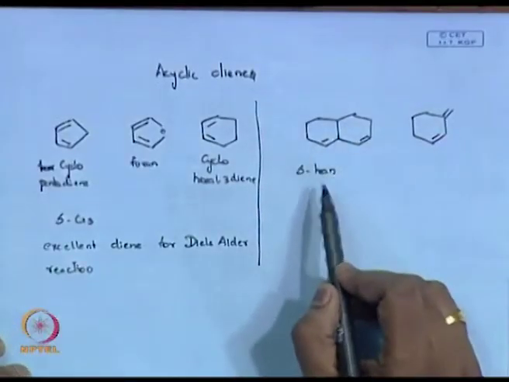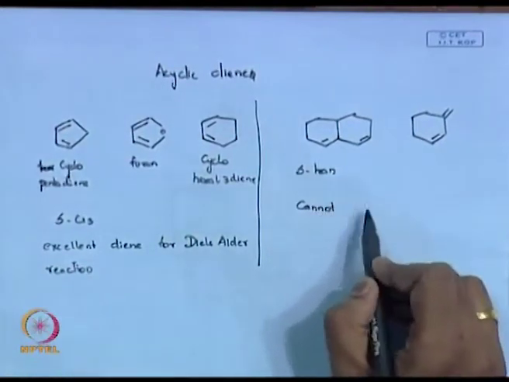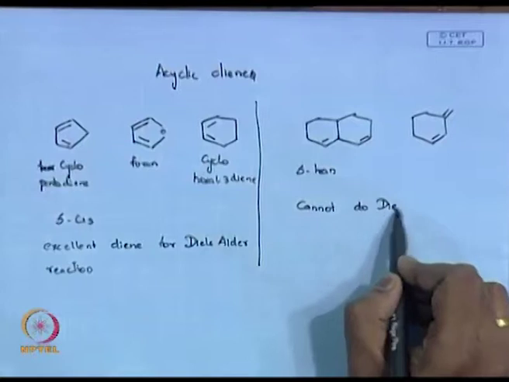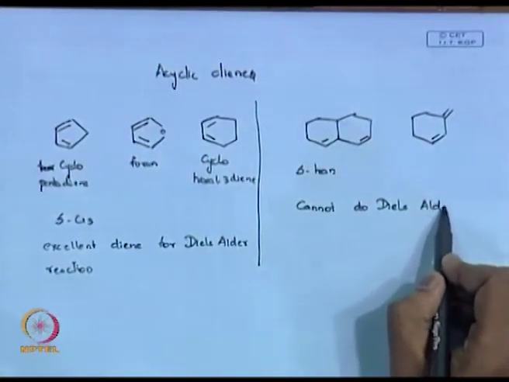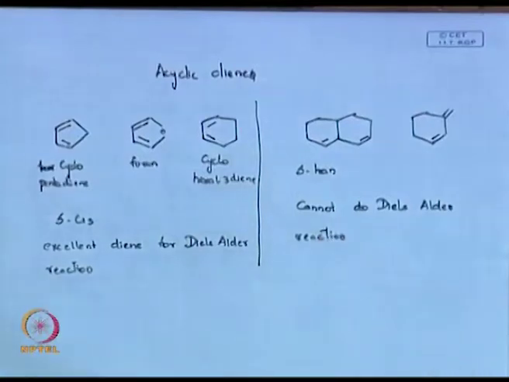Their conformation is properly locked in the S-trans, so they cannot do Diels-Alder reaction. They are not good dienes for Diels-Alder reaction. So, that is the thing about your diene.